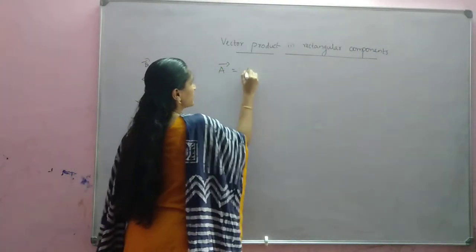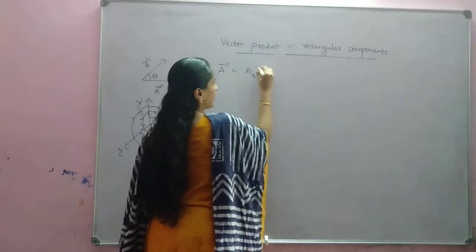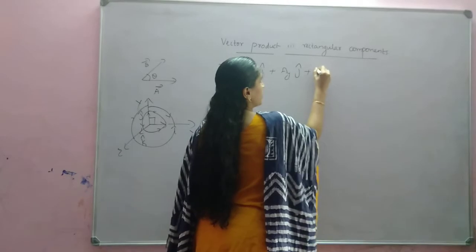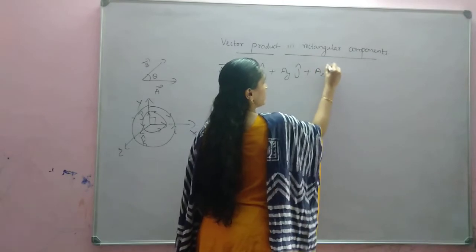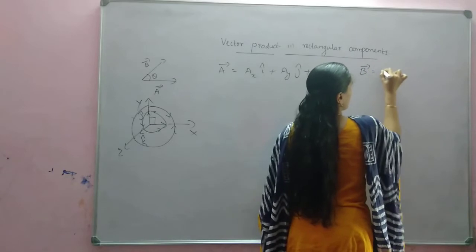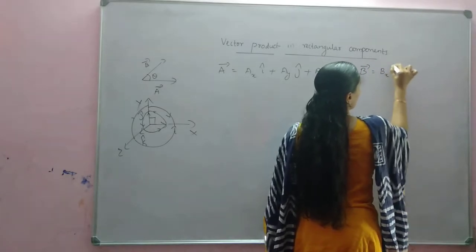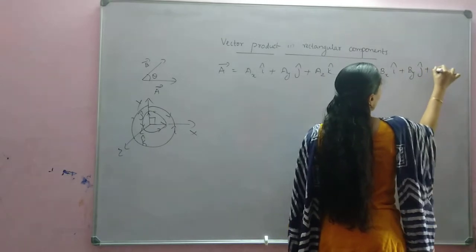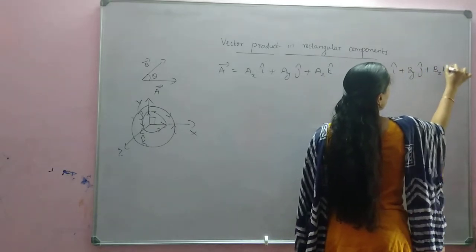So we are considering two vectors. First vector A is equal to Ax i cap plus Ay j cap plus Az k cap. And another vector B is Bx i cap plus By j cap plus Bz k cap.